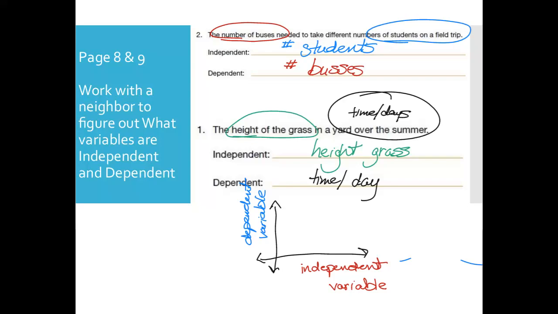I have the time or day of the summer, because the longer and the further you are in the summer, the grass is going to be taller, right? I really think this could go either way. But I am probably going to lean more towards the time or the day of the summer.